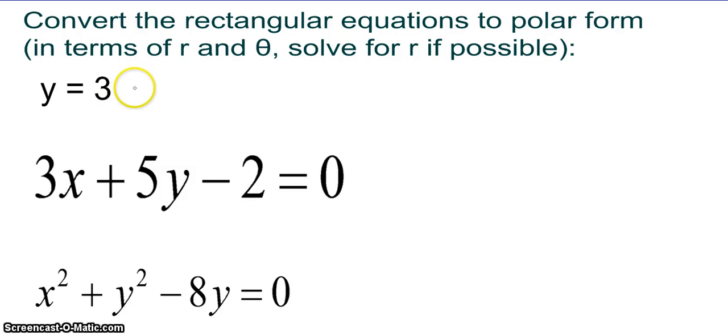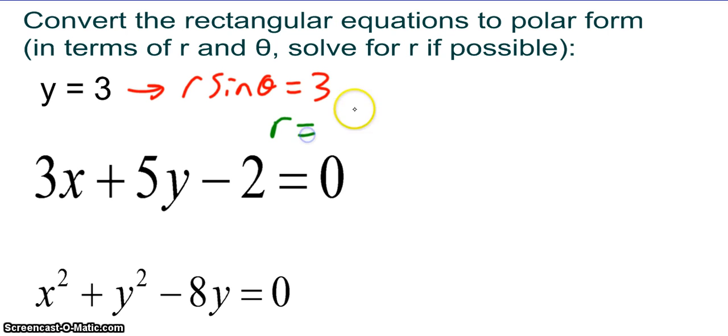So I know r sine theta equals 3. Now if I want to solve for r, and it's possible in this case, I could rewrite this as r equals 3 over sine of theta, or 3 cosecant of theta.